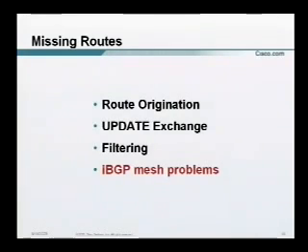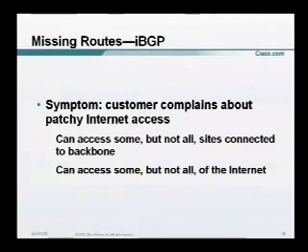Okay, IBGP mesh problems. Well, here's one example. Customer complains about patchy internet access. He can reach some parts of the internet, but not others. Okay, he can get to some of your backbone, but not all of your backbone. He can get to some of the internet, but not all of the internet.